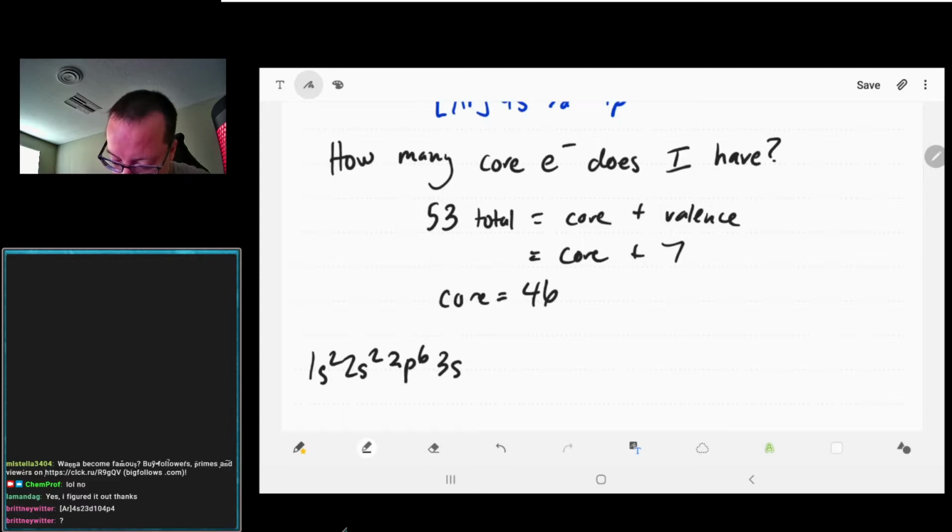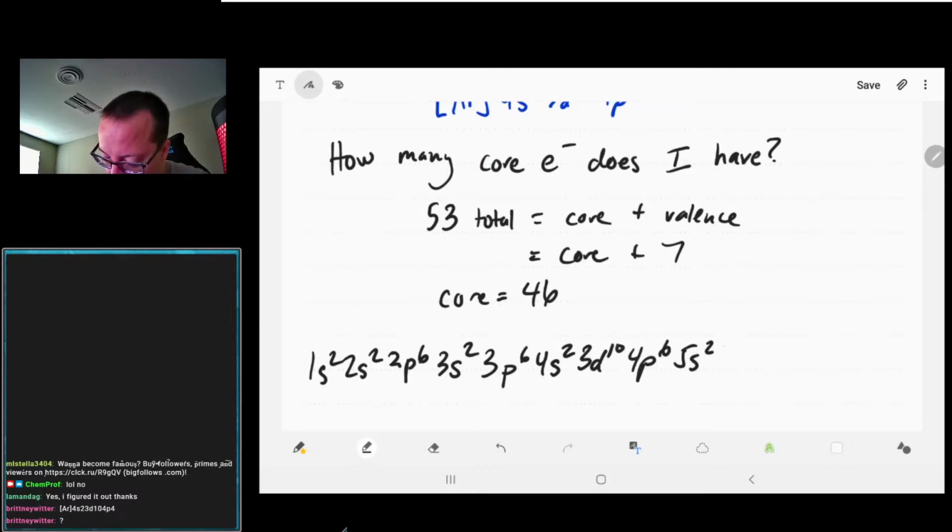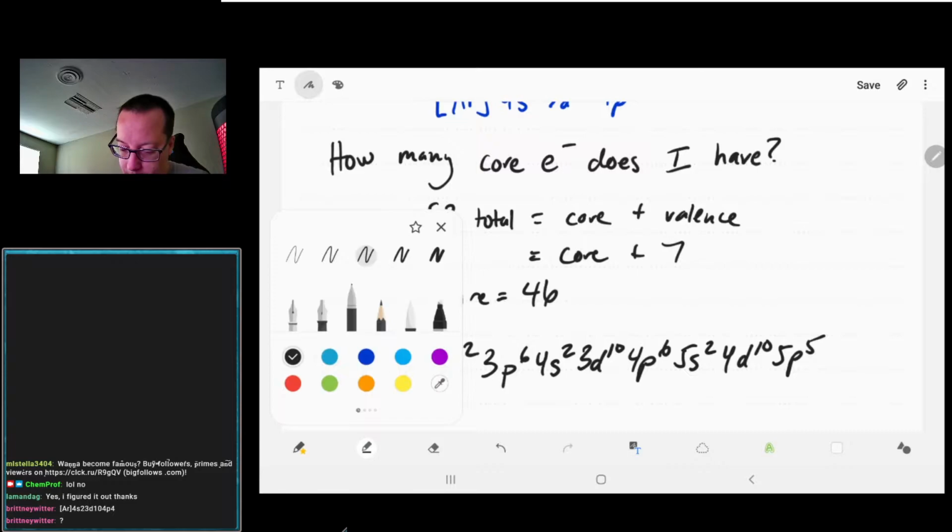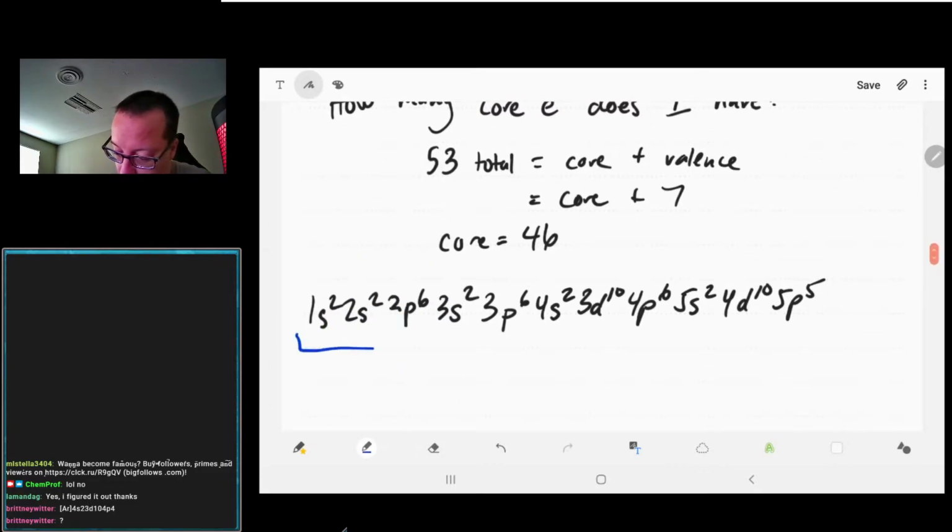If we wanted to really do that, we could throw out its electron configuration. 2p6, 3s2, 3p6, 4s2, 3d10, 4p6, 5s2, 4d10, 5p5. So there's this electron configuration. The core stuff should be all of these.